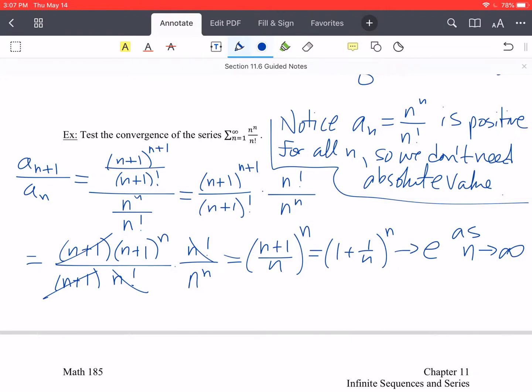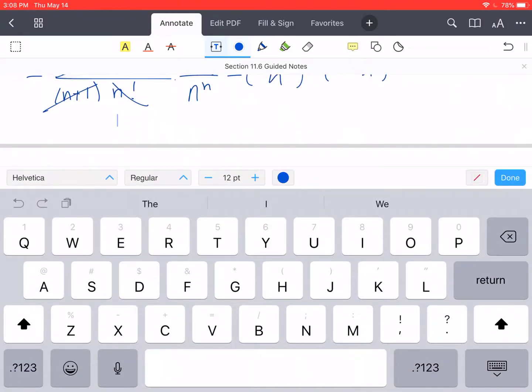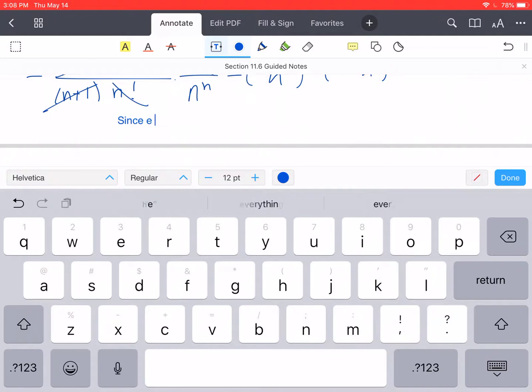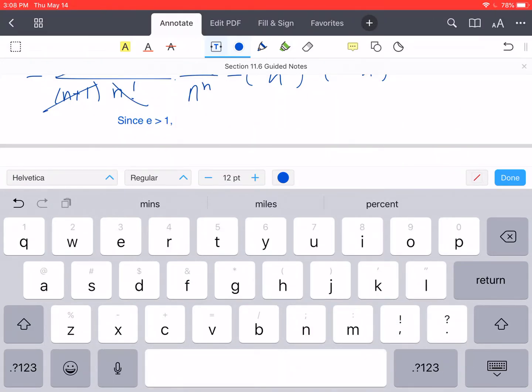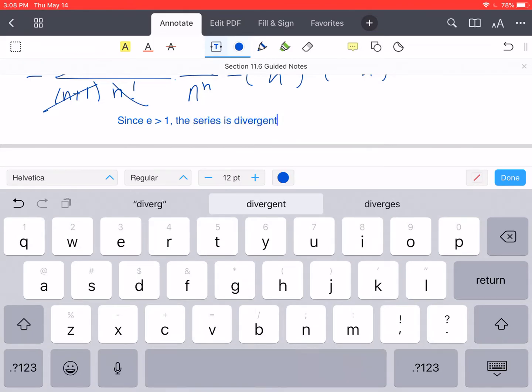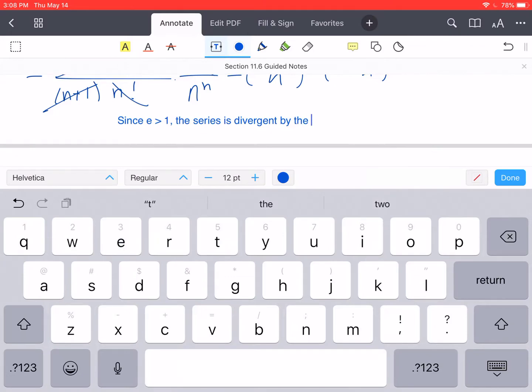Okay, so then we can go ahead and make our conclusion, because we know that e is approximately 2.7 yada yada yada. So since e is greater than 1, the series is divergent by the ratio test.